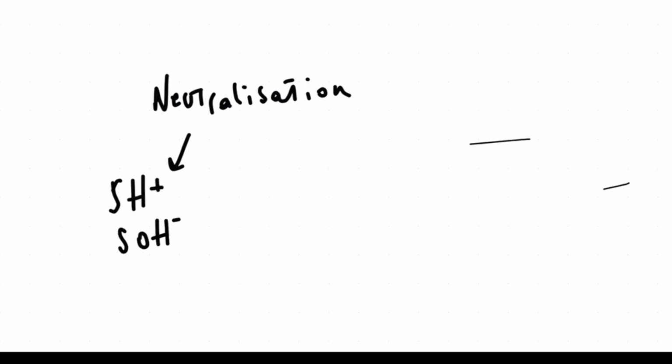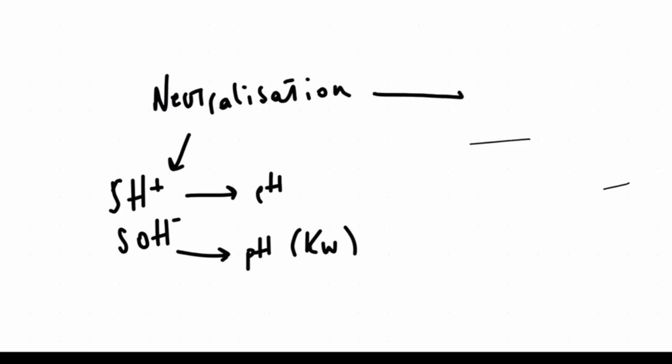And we can have just a linear pH calculation, or a pH calculation through Kw, okay? This is kind of the simplest calculation. But things are more interesting if we have a weak acid and a strong base.